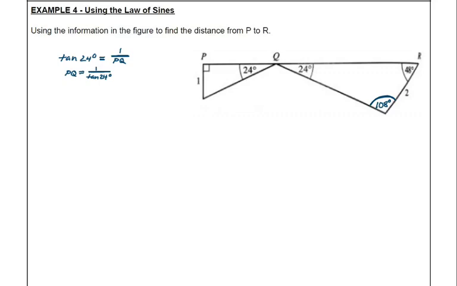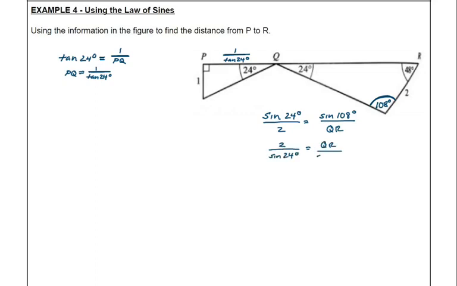So once I know 108, which is the angle across from QR, I'm going to set up a law of sines for that triangle. So sine of 24 degrees over 2 should be equal to sine of 108 over my missing side, which is QR. So then I want to solve for QR, get that by itself.